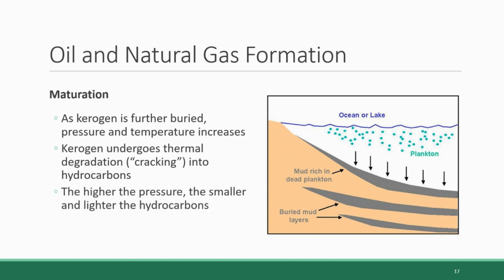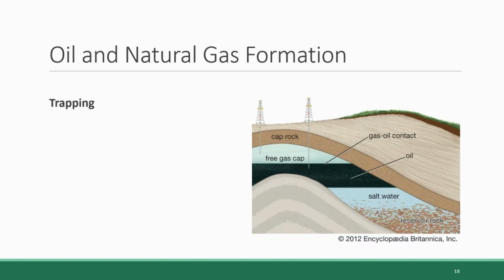The higher the pressure and temperature, the smaller and lighter the hydrocarbon molecules. Therefore, more shallow regions that have a lighter pressure result in the formation of larger, heavier molecules that become oil, and deeper regions with the higher pressure form smaller, lighter molecules that become natural gas.